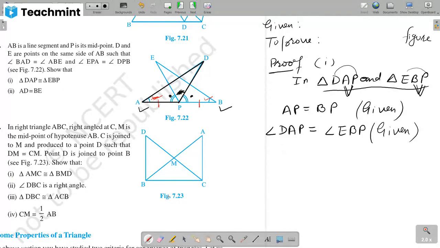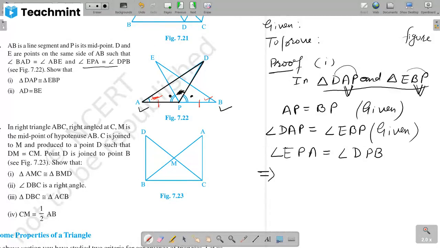So what will we write here? We will write that we are given these two angles, EPA is equal to angle DPB.